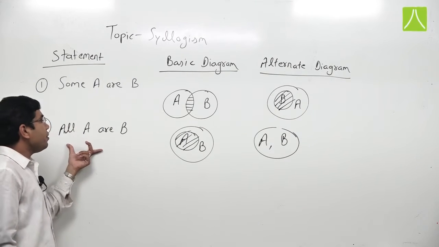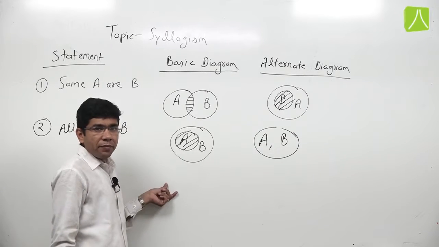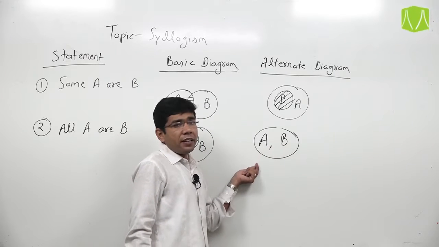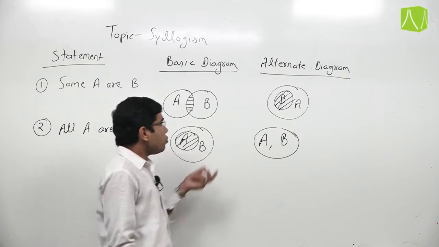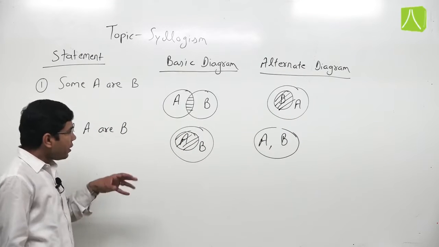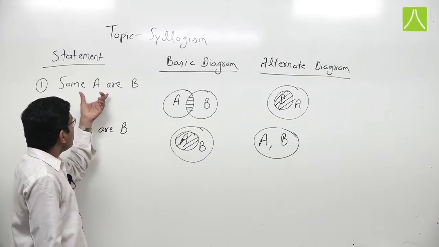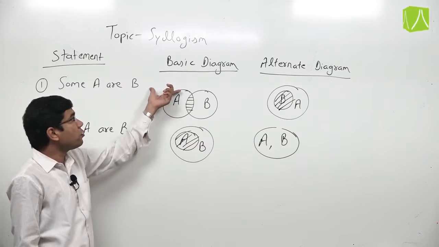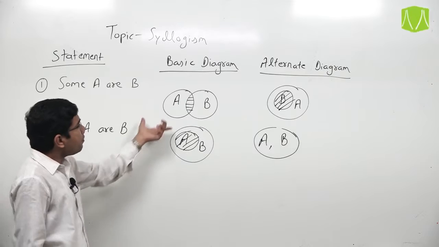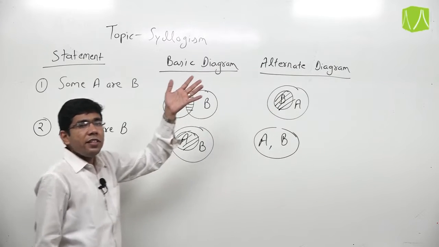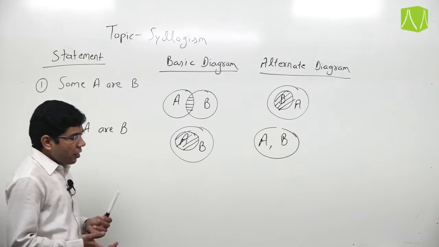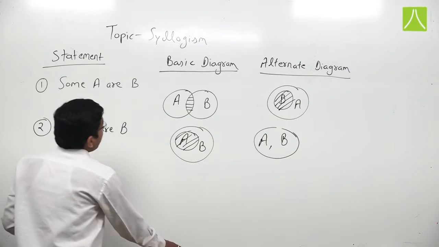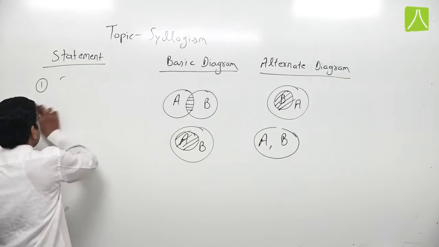Here all A are B is showing, but all B are A is also showing. So the definition of basic diagram is: the statement as it is shown in the diagram is called basic diagram. Other than basic diagram, all the diagrams are called alternate diagrams. Now when these diagrams are used is defined by the examples.